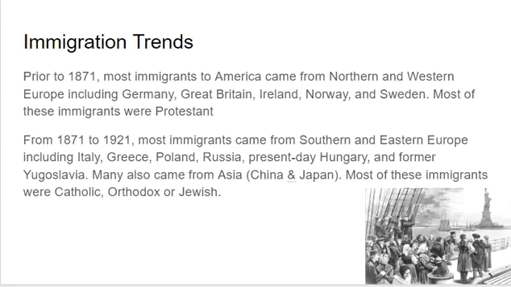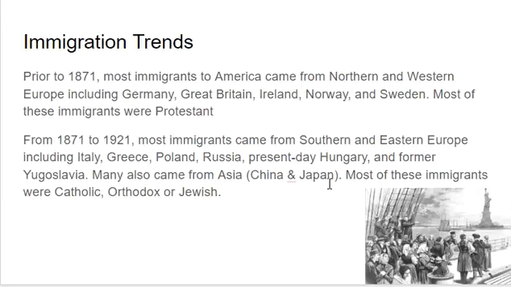And from 1871 to 1921, immigration changed. We started having immigrants come from Southern and Eastern Europe, and this included Italy, Greece, Poland, Russia, present-day Hungary, and the former Yugoslavia. We also started to have immigrants come from Asia, mainly China and Japan.